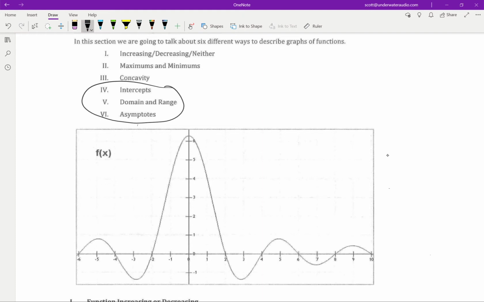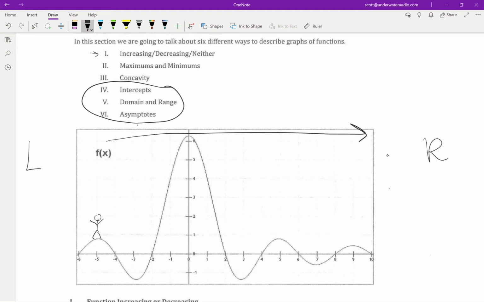So starting at the top, in my own words, if I want to talk about whether or not something's increasing or decreasing, I'm going to look at the function always from left to right. I imagine that there is a person standing on top of my graph, walking left to right.